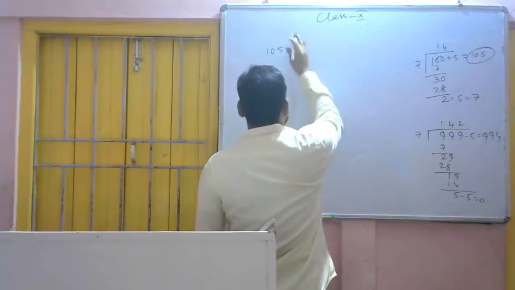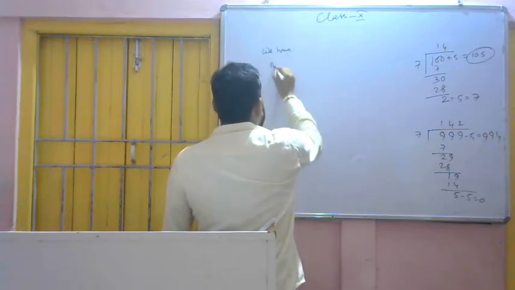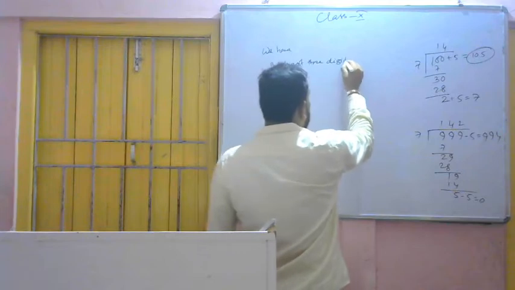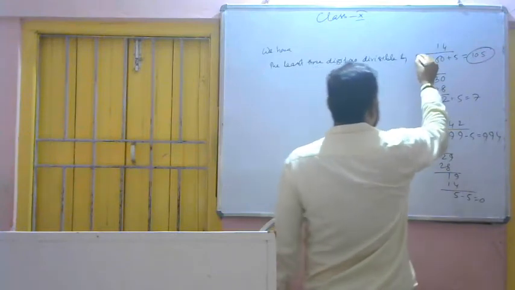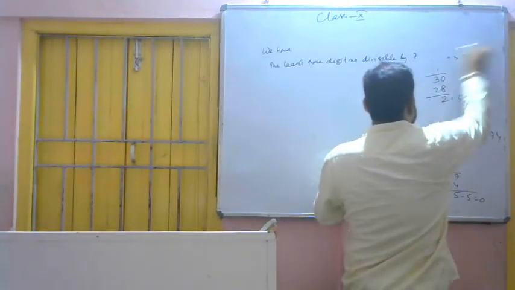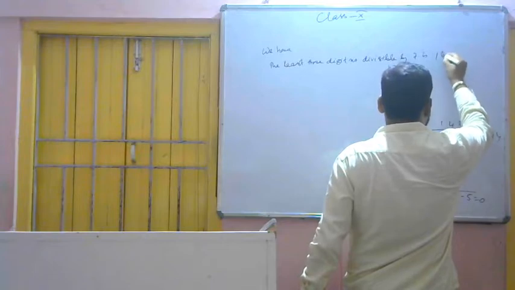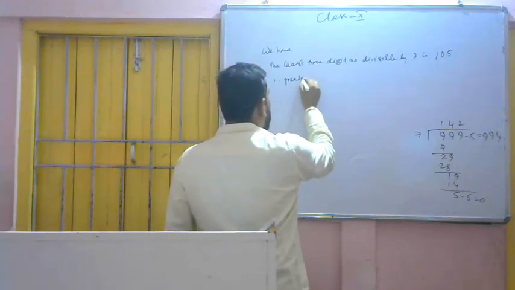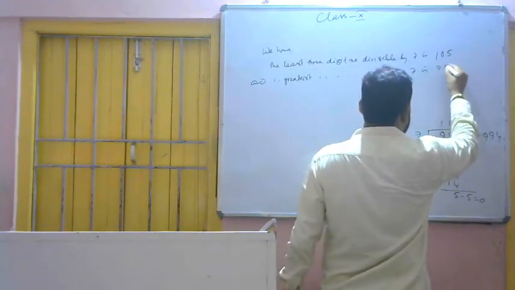So the series is: we have the least 3-digit number divisible by 7, which is 105, and the greatest 3-digit number divisible by 7, which is how much? 994.